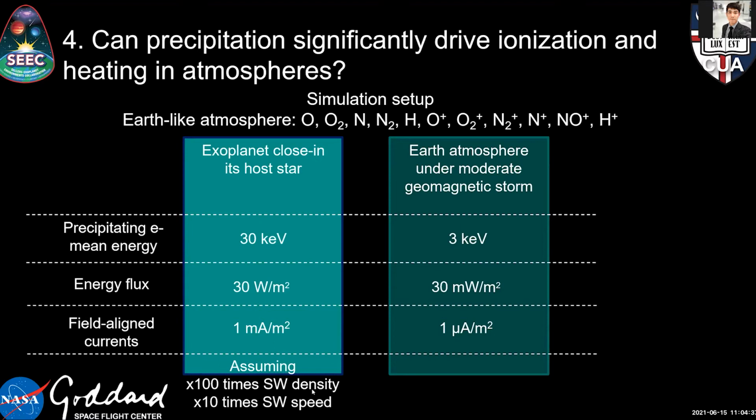This is based on about 100 times the solar wind density and 10 times the solar wind speed, because exoplanets around M dwarfs are so close to their host star. That's why the stellar wind will be much higher, giving much higher density and velocity, which drive high field-aligned currents and high precipitation flux and energy.